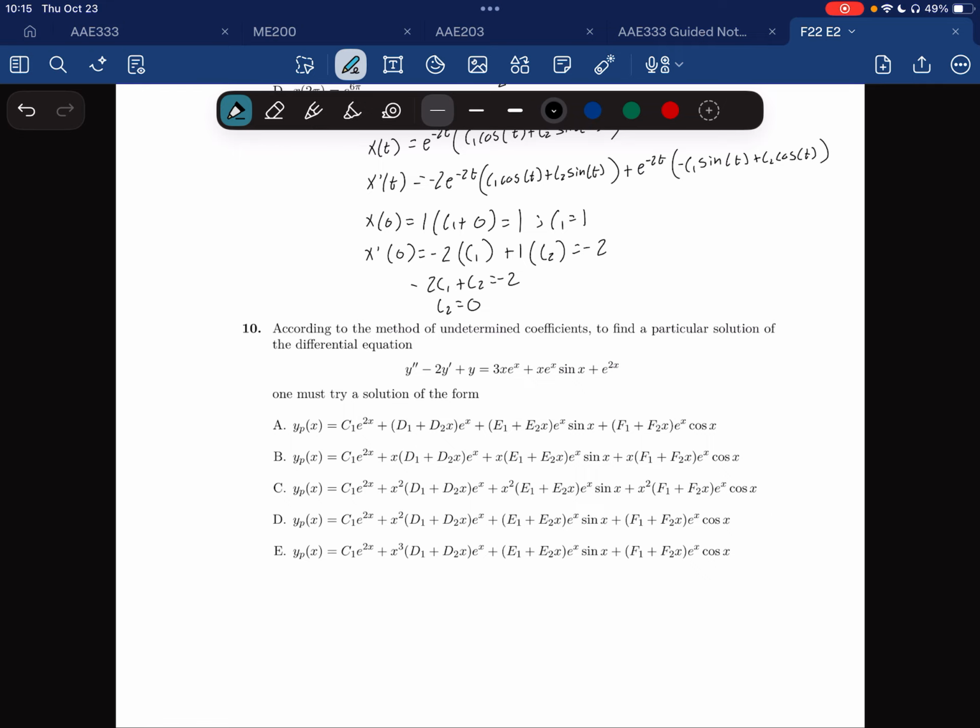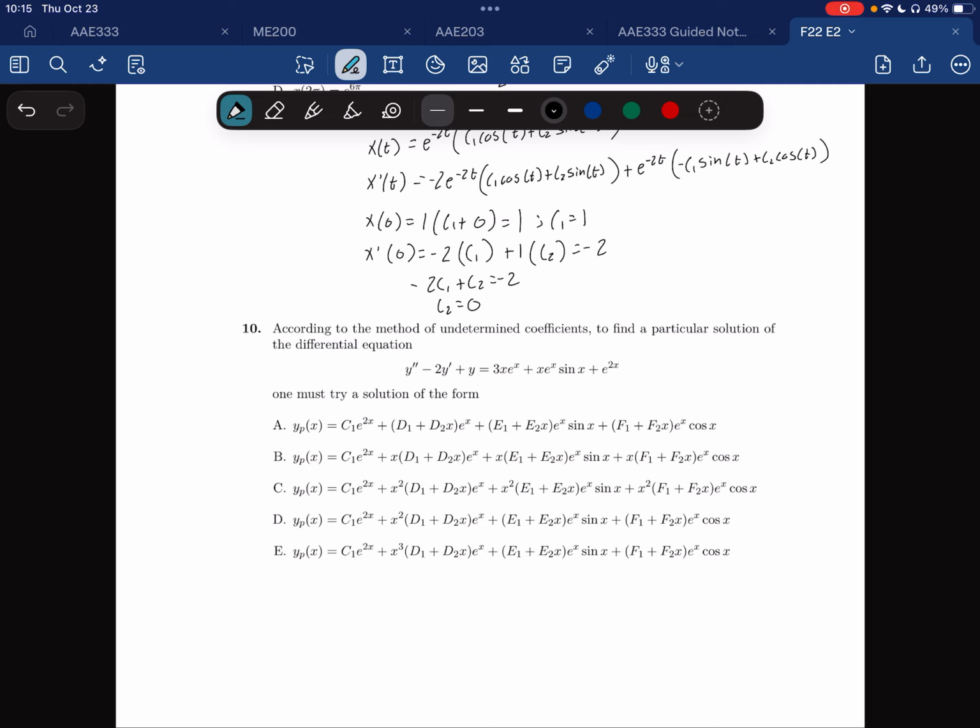This is asking us to use the method of undetermined coefficients. It's not too bad. You just have to keep track of all your terms more than anything else. How are we going to keep track of all our terms? Let's look at the right-hand side of this equation first.